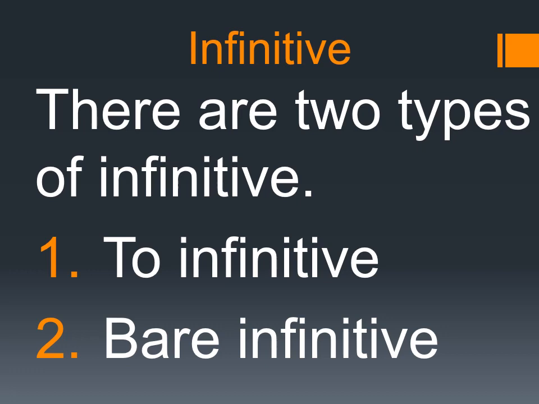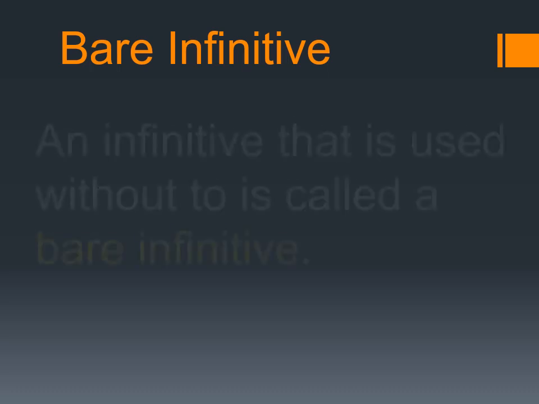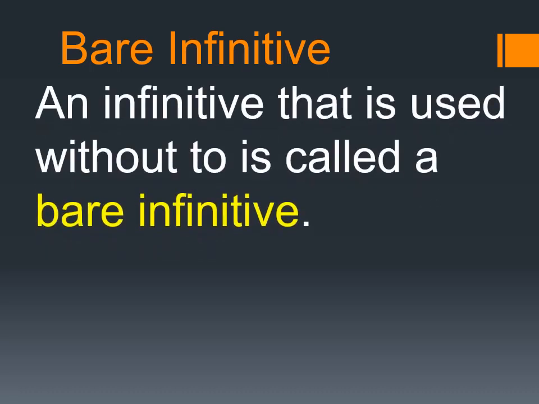What is the meaning of the word bare? Bare means without. So bare infinitive, its definition is an infinitive that is used without to is called a bare infinitive. One is to infinitive when the verb is used with to, and the other one is bare infinitive where the verb is used without to.